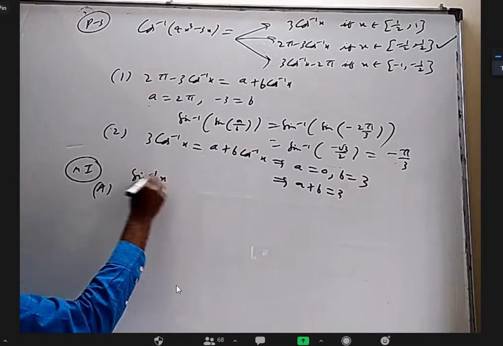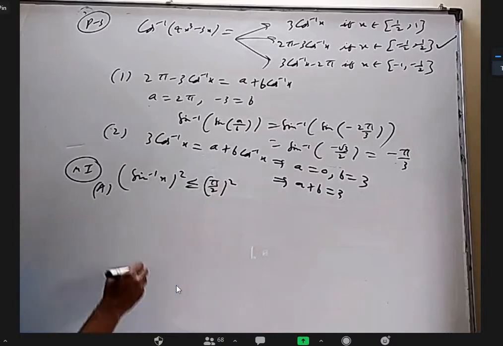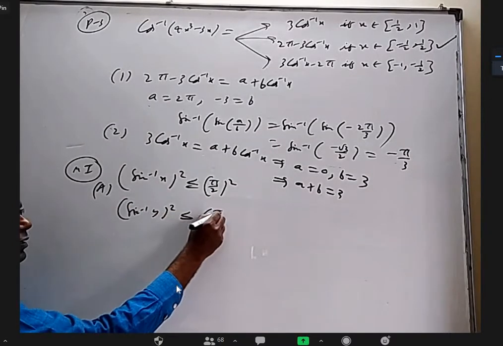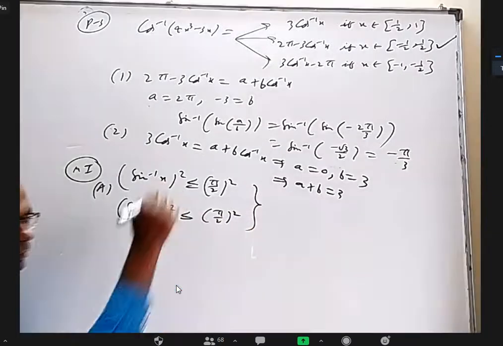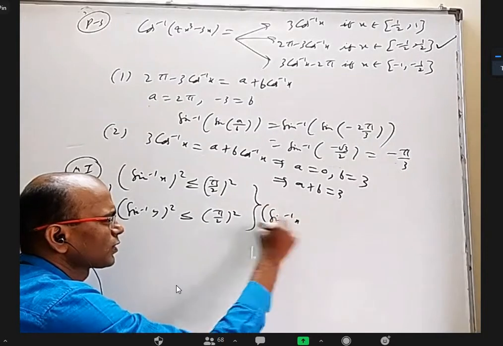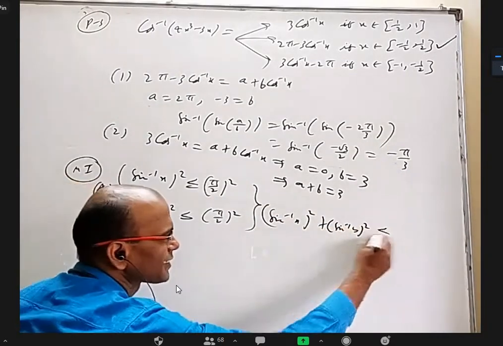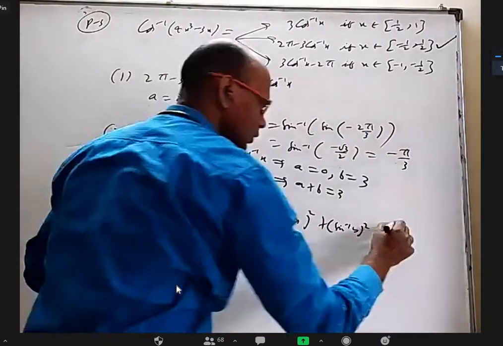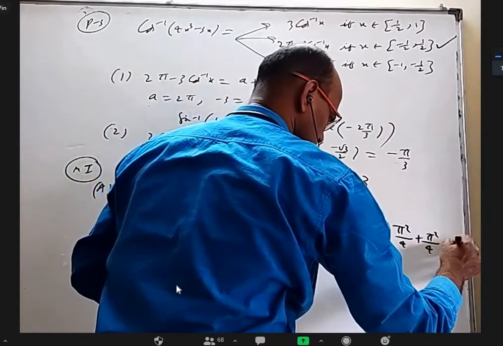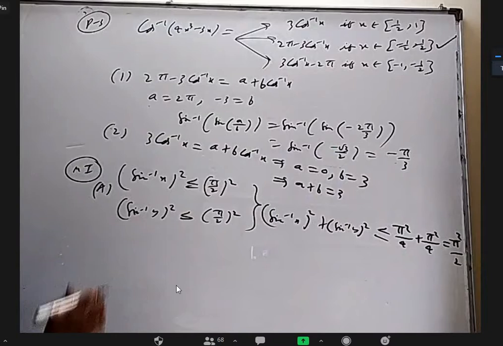Sin inverse x whole square is less than or equal to pi by 2 whole square. That is the maximum value. Sin inverse y whole square is also less than or equal to pi by 2 whole square. So when you add them, sin inverse x whole square plus sin inverse y whole square is less than or equal to pi square by 4 plus pi square by 4, which is pi square by 2, and that is the maximum value.